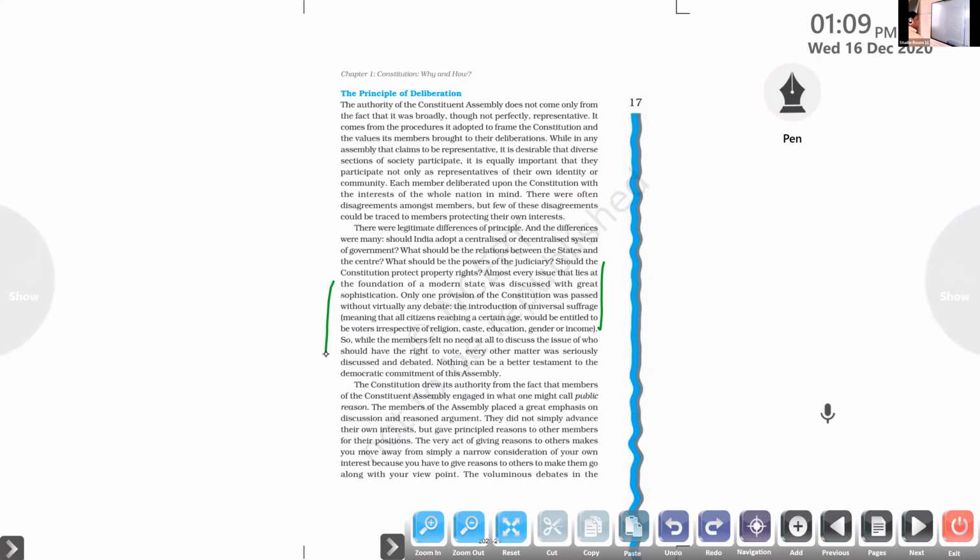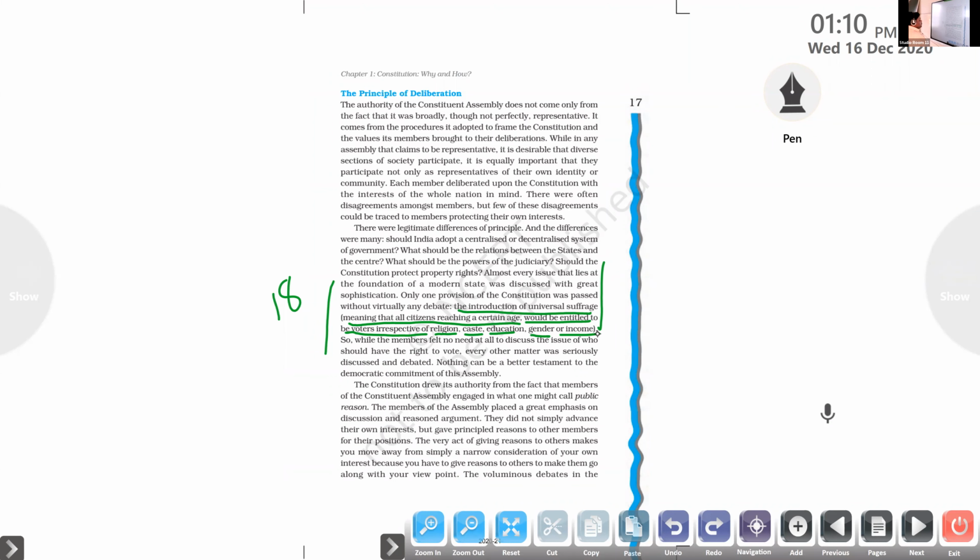The introduction of universal suffrage means that all citizens reaching a certain age, in India 18, would be entitled to be voters irrespective of religion, caste, education, gender, or income. That is basically termed the right to vote, universal adult suffrage.